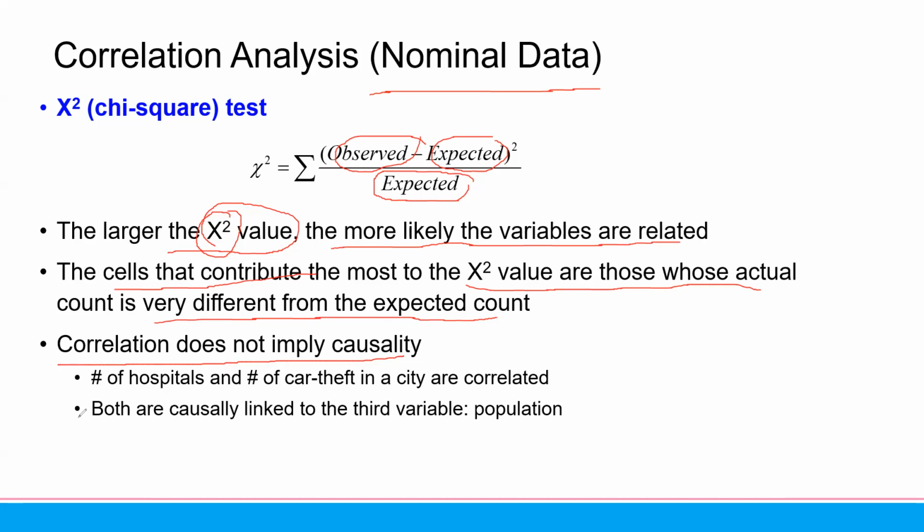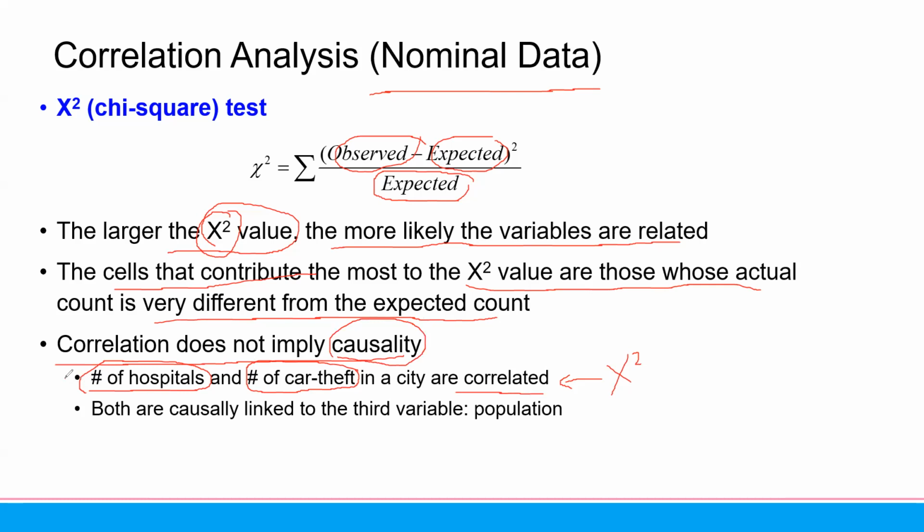For example, in one case, the number of hospitals and the number of car thefts in a city are correlated. Maybe after I calculate the chi-square for these two data, the chi-square is high, so you can say that those data are correlated. But actually, it is not representing causality.